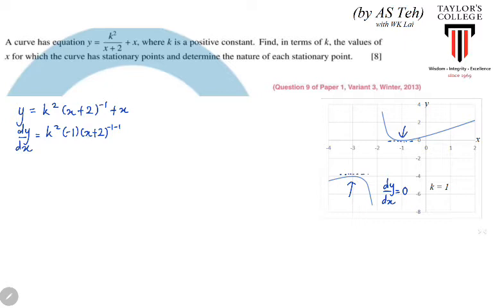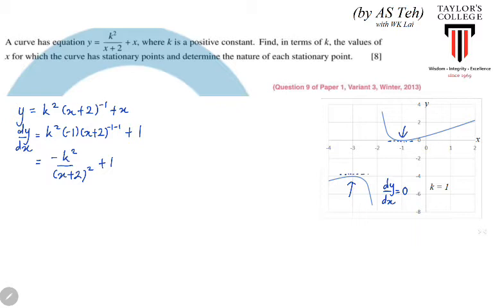Since the coefficient of x here is just 1, I don't need to worry. And on this side, we have x, so differentiation of x will be 1. So this equation becomes negative k squared over (x plus 2) squared, plus 1.